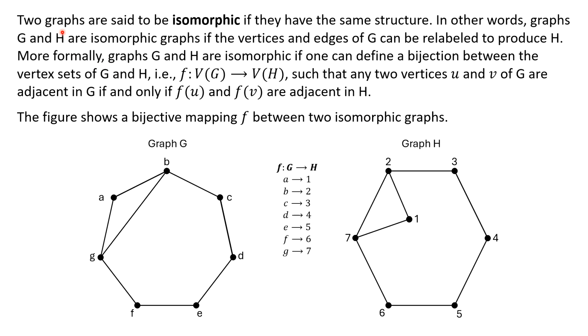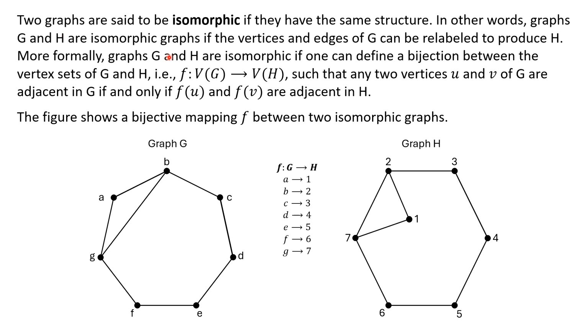Two graphs are said to be isomorphic if they have the same structure. In other words, graphs G and H are isomorphic if the vertices and edges of G can be relabeled to produce H, or vice versa.